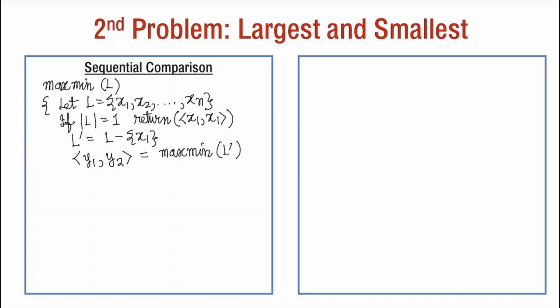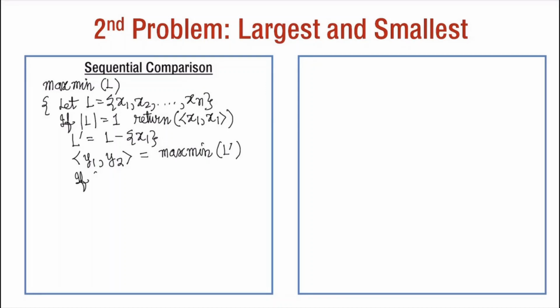And after we have found the max and min from L dashed, we now compare. What do we compare? We check the status of this value. So what we now compare is we compare this with x1.